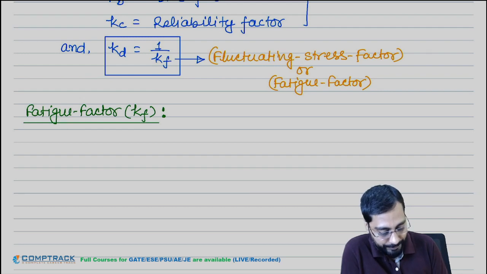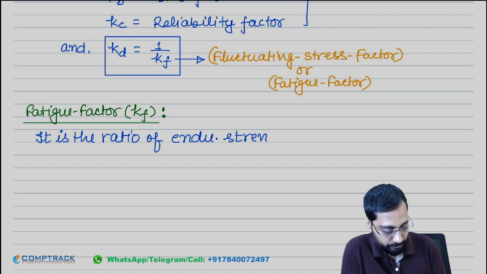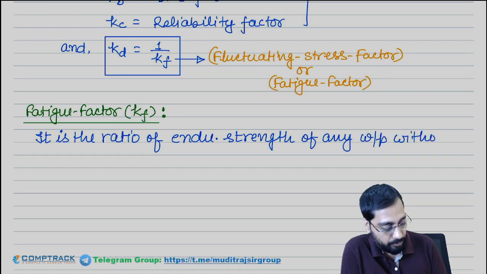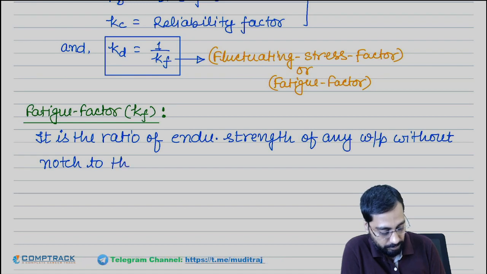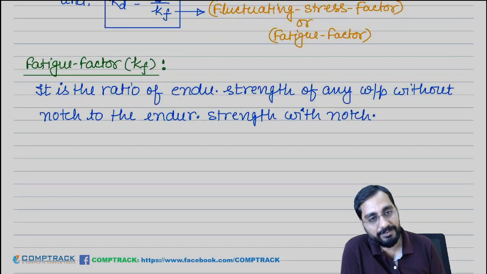So write down, it is the ratio of the endurance strength of any workpiece without notch to the endurance strength with notch.